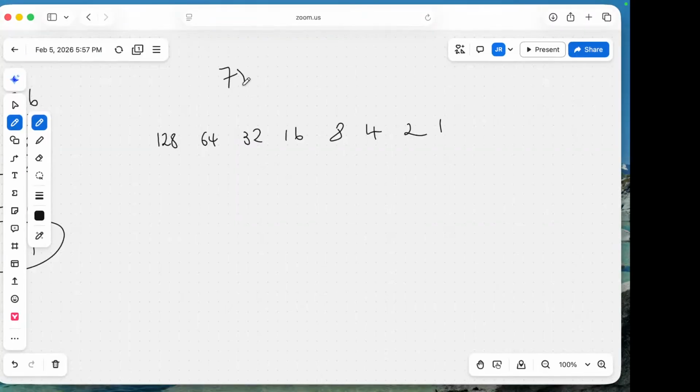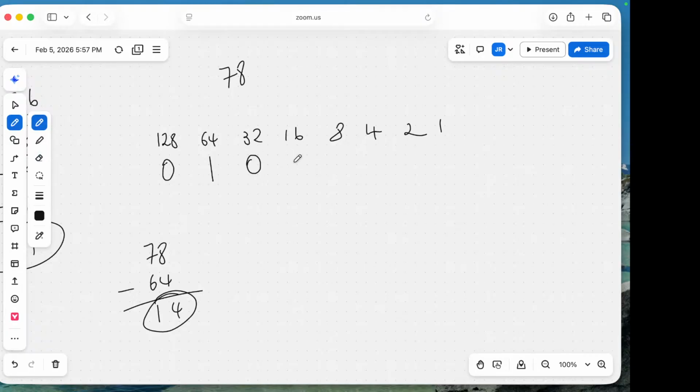So all we do is we start on the most significant bit. 128 is too big for 78 to go in, so it's a 0. But 64 isn't, so we can do that. 78 minus 64 is 14, so we've got 14 left over. So 32 will be 0 because 14 is too small. 16 is too small as well, so that's a 0.